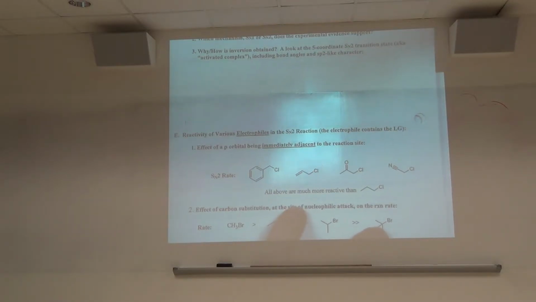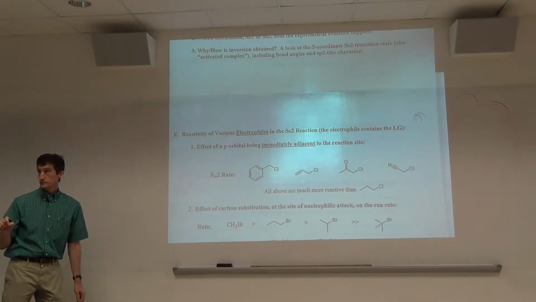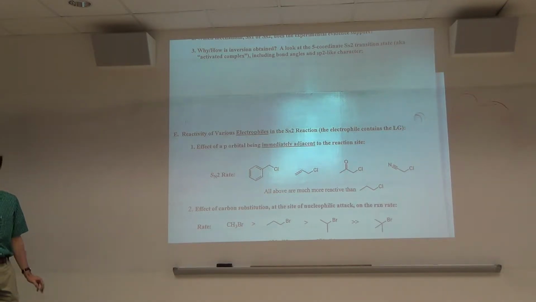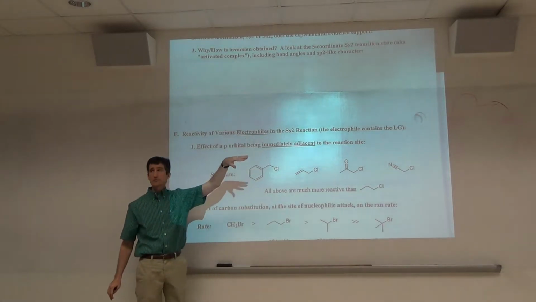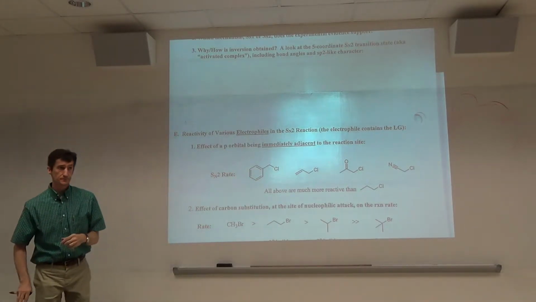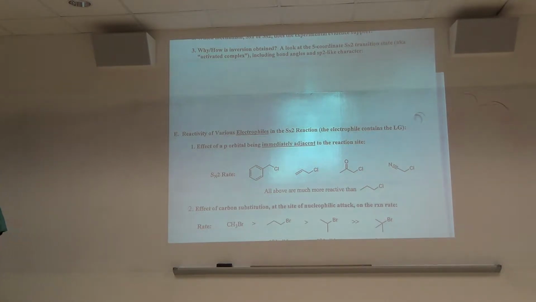Okay. Now moving ahead, we're going to focus on SN2. That is the concerted backside attack mechanism. We're going to look at different features of it. First thing we're going to look at is various electrophiles. The electrophile is the thing that has a leaving group. Typically your main substrate, carbon with the leaving group.